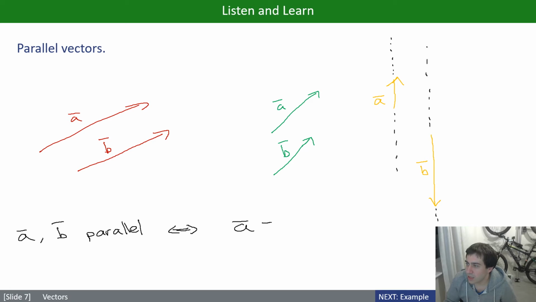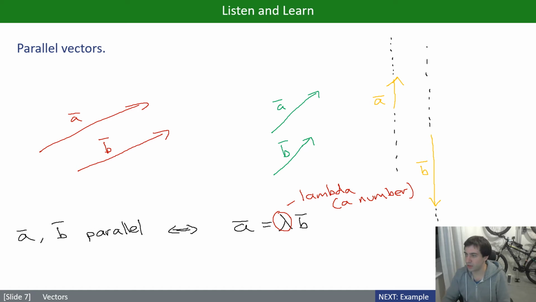Vector A is equal to lambda times vector B. So this is lambda, the Greek letter lambda, and it's a scalar, right? It's just a number. I don't know what number it is, but it is some number, 1, 2, minus a half, I don't know.